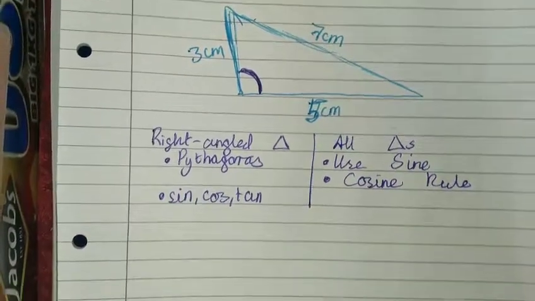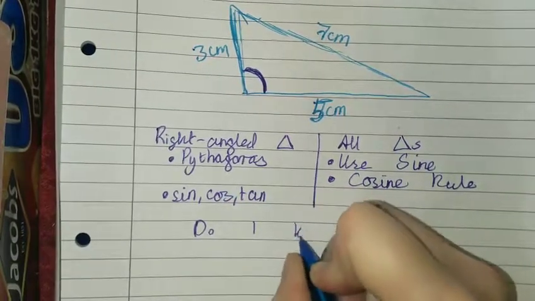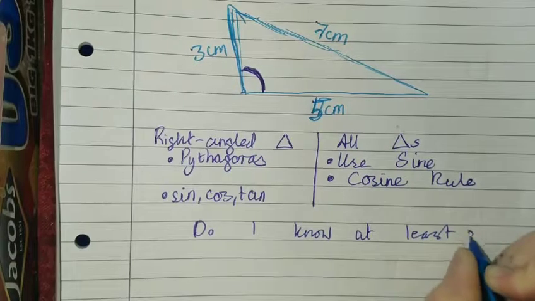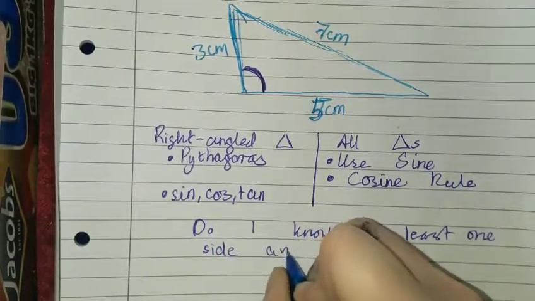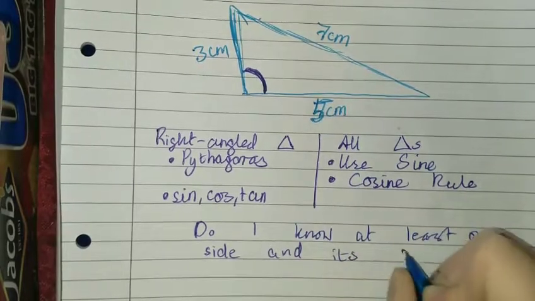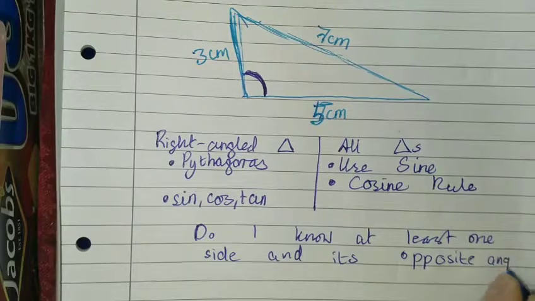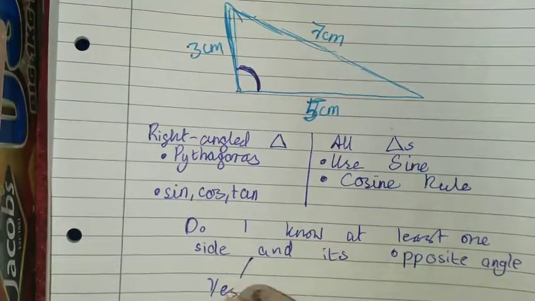So if you want to figure out which do we use, sine rule or cosine rule, what I would say is, do I know at least one side and its opposite angle? If the answer is yes, I use the sine rule.